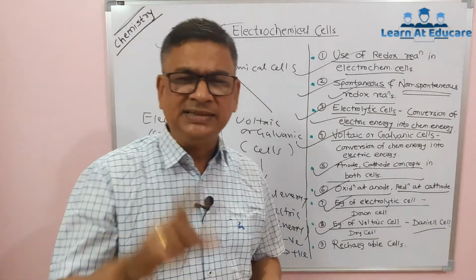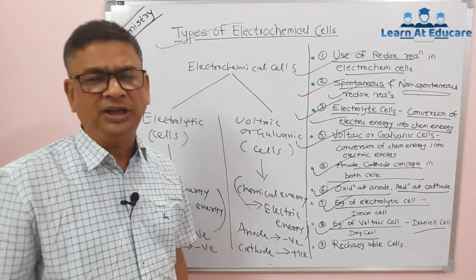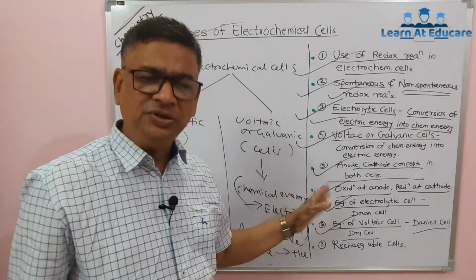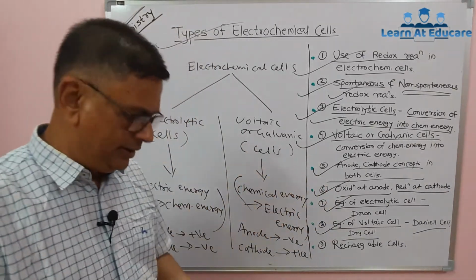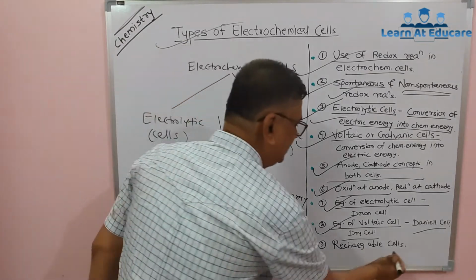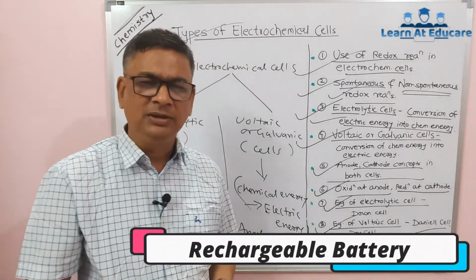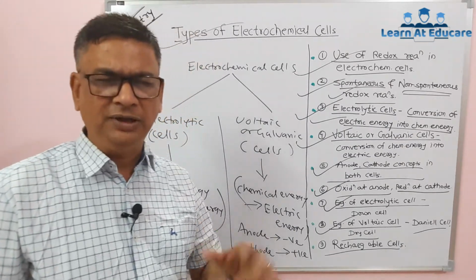The ordinary pencil cell that we use in quartz clocks, in remote controls of TVs and in calculators, all of them are actually examples of the electrochemical cell called voltaic cell. And one more, very famous rechargeable cell called the lead accumulator, that is the rechargeable battery used with an inverter or in a two-wheeler or four-wheeler.